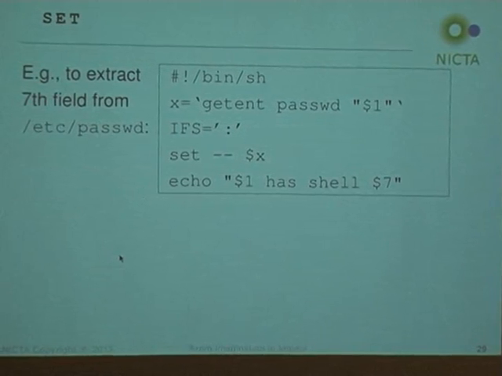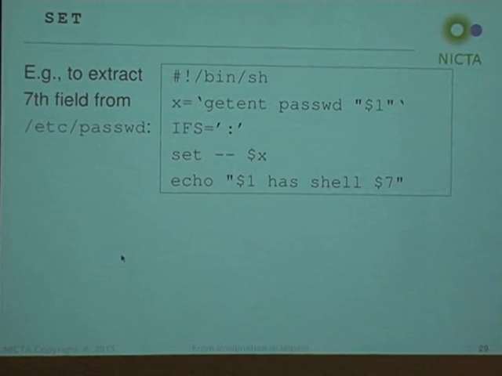So here's an example. I'm not expecting you to type this in. getent is a program which looks up system databases like the password database. It'll look up LDAP or whatever PAM says and give you the password entry in this case. So we're going to say x equals getent passwd $1. The backtick is the same as the $( ) we saw before, just a different spelling. In general, you should be using $( ) because it's much easier to do nested ones.